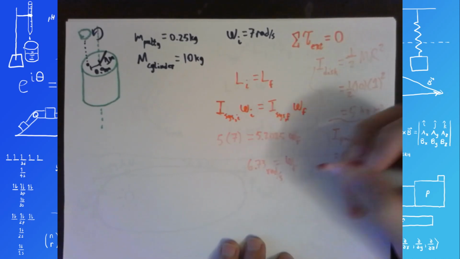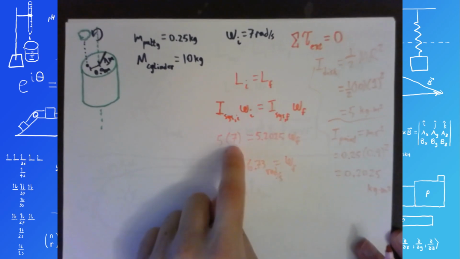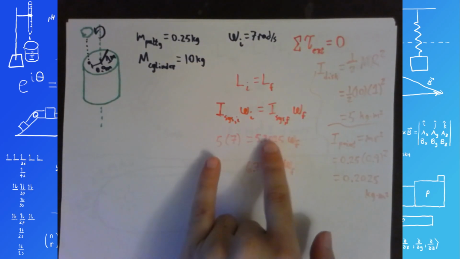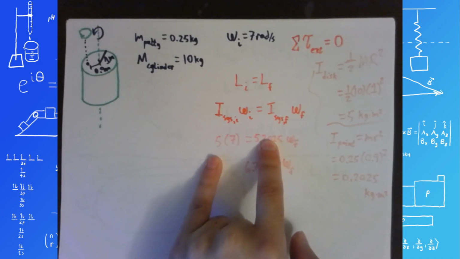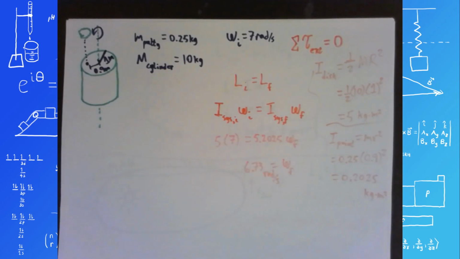I know it comes out as radians per second because radians per second is what went in. What goes in is what comes out as long as the units for the other thing going in match, which they do. Kilogram meters squared and kilogram meters squared. Those units cancel out.